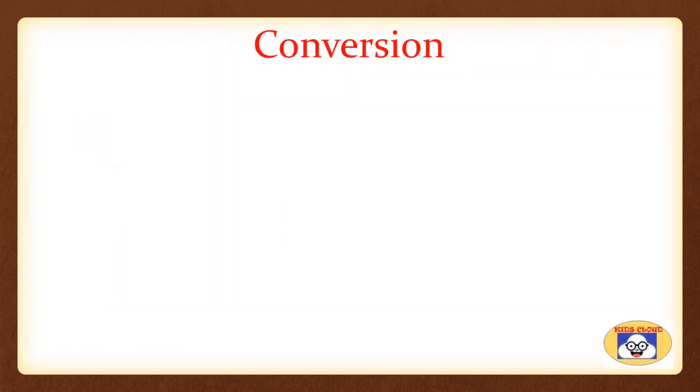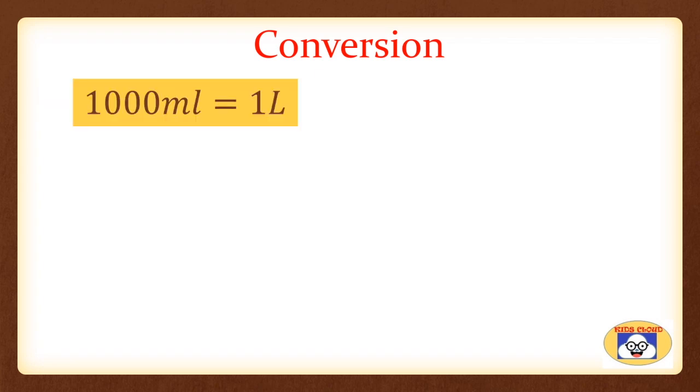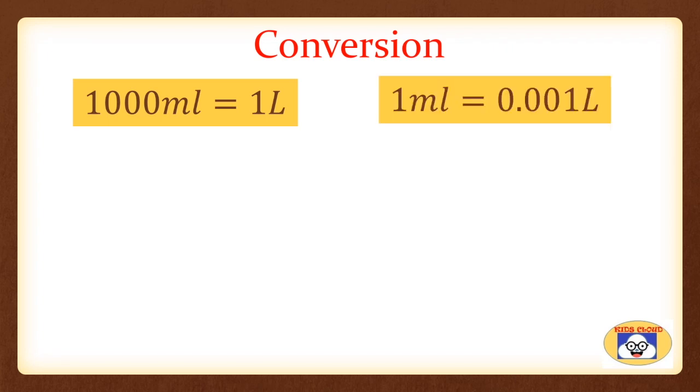Now, how do we convert milliliter into liter and liter into milliliter? As we have the relation 1000 ml equals 1 liter, hence, 1 milliliter equals 0.001 liter.